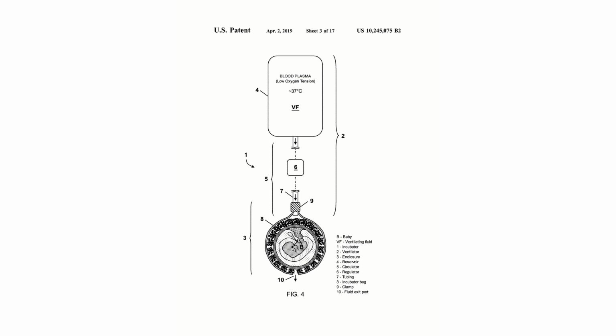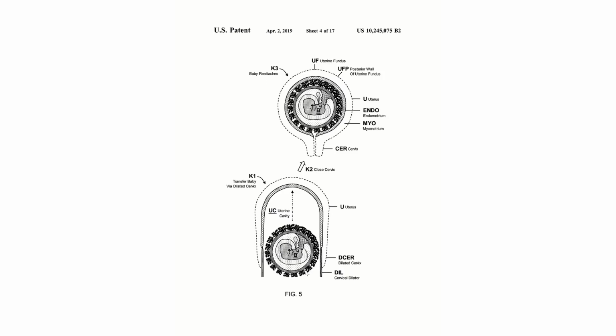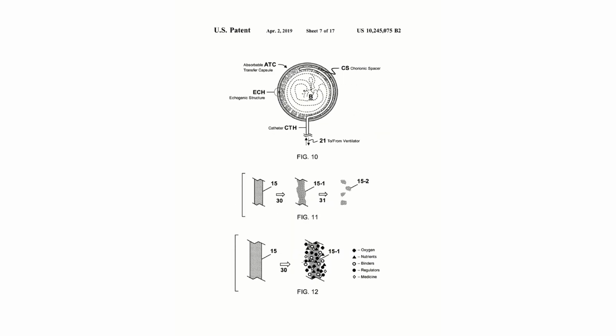Fresh fluid flows into contact with the anterior aspect of the chorionic villi, and that enables the nutrients to go through the baby's umbilical cord to the baby, and also allows the waste to be removed, and then the fluid flows out the bottom. So that's a simple incubator.